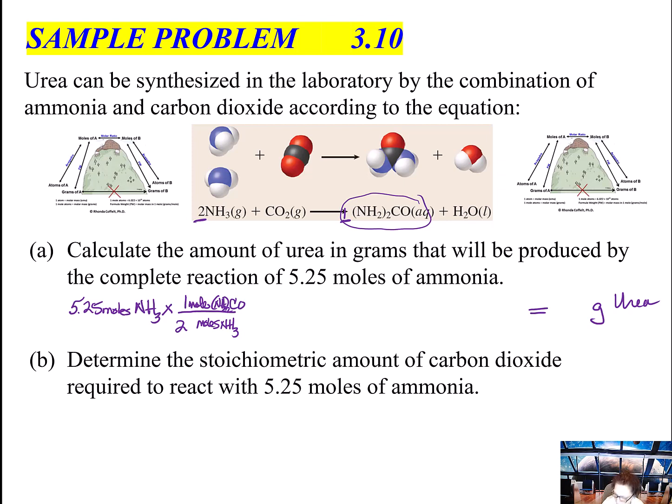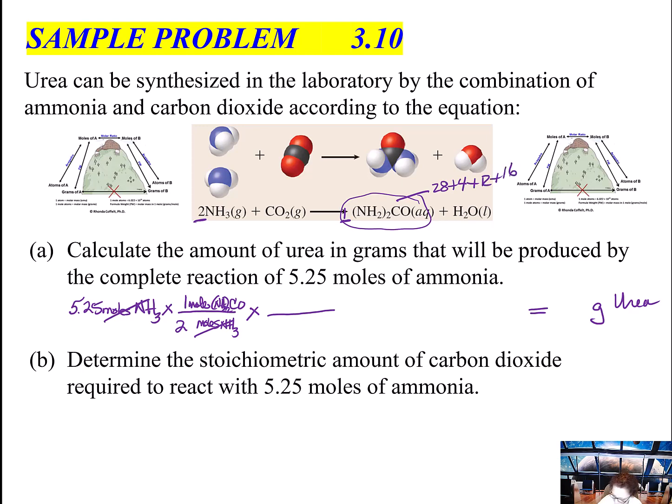All right, so what that does is it gets me from moles of ammonia to moles of urea. And then it's wanting me to know how many grams of urea is going to be produced. And if you count that up, 14 times 2 is 28, plus 4, plus 12, plus 16.